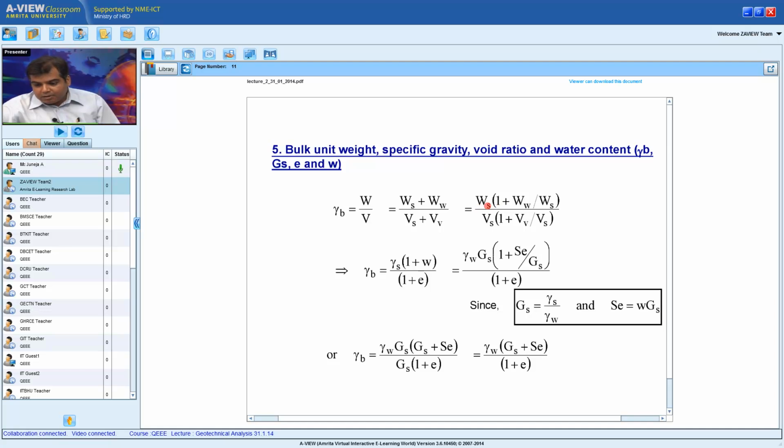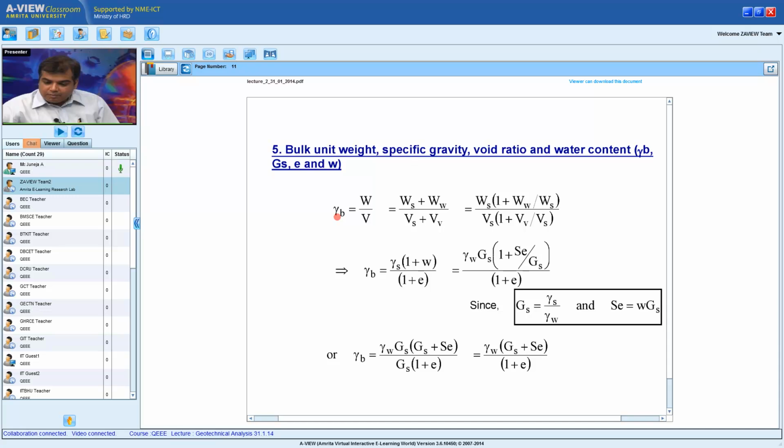From the numerator, I take weight of solids outside, so I have weight of solids times 1 plus the weight of water over the weight of solids inside. From the denominator, I take volume of solids outside as common, so I have volume of solids times 1 plus volume of voids over volume of solids. Let's look at this expression very carefully.